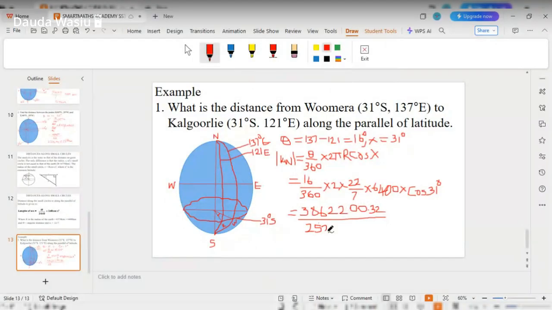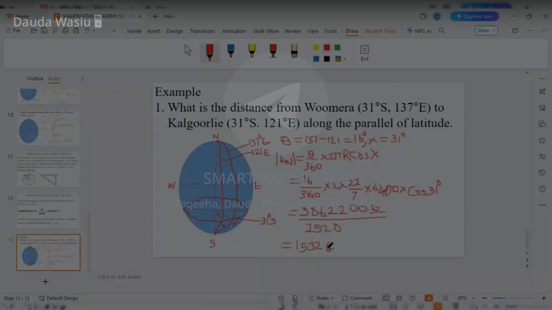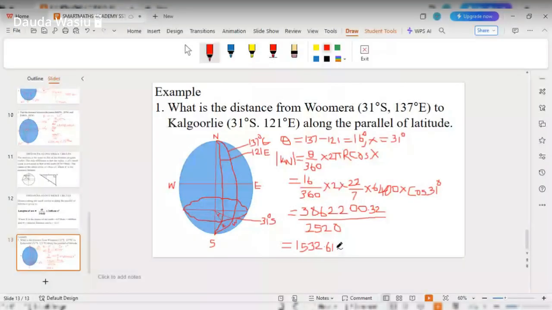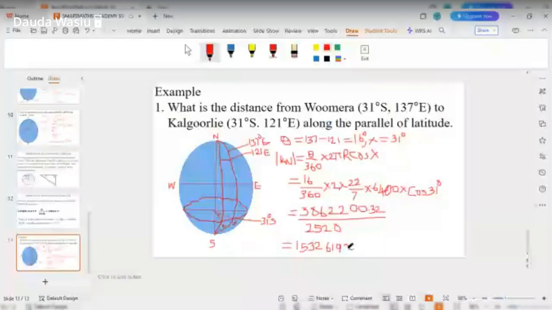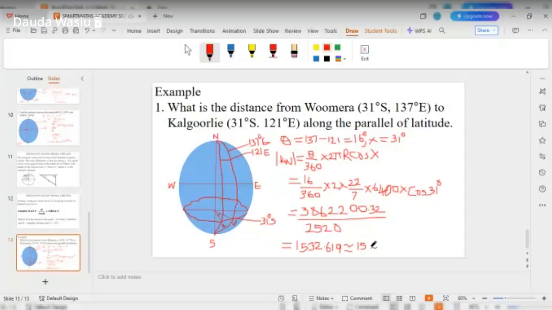Dividing by 2520, that is 1,532.619. Approximately to three significant figures, it will be 1,530 kilometers.